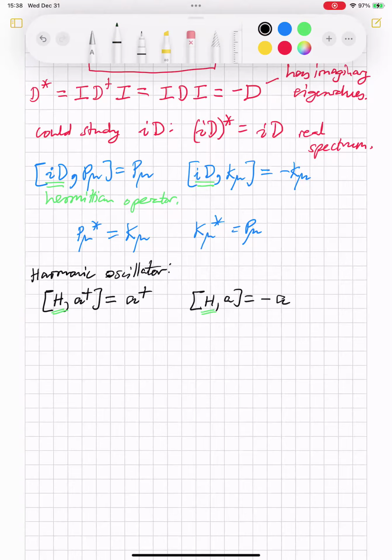And we know how a dagger and a are related. If you take a and you dagger it, you just get a dagger. And if you take a dagger and you dagger it, you just get a. So what you see written in black is a complete analog of what you see written in blue. The algebraic structures are the same.